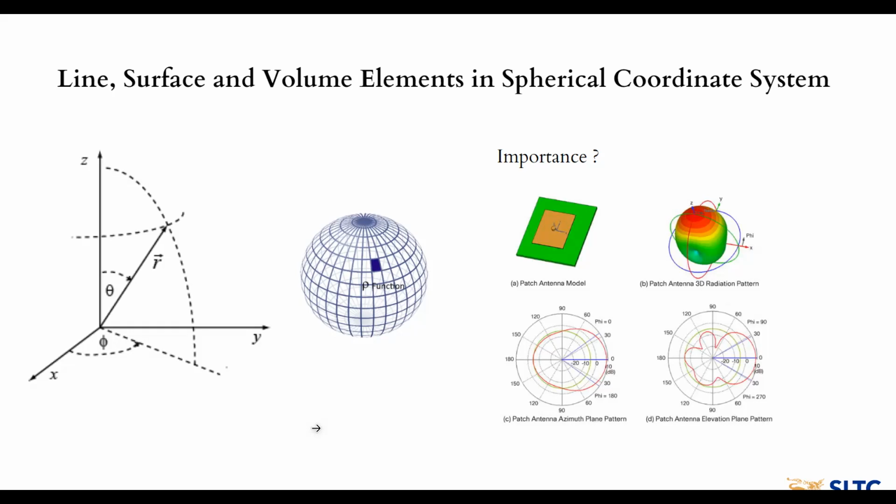Once we consider the radiation of antennas in space, we tend to use the spherical coordinate system to understand the radiation of the antenna in the directions in space, in terms of the coordinate axes of the spherical coordinate system.